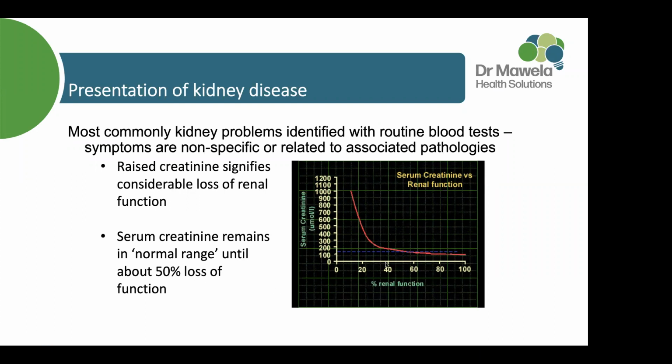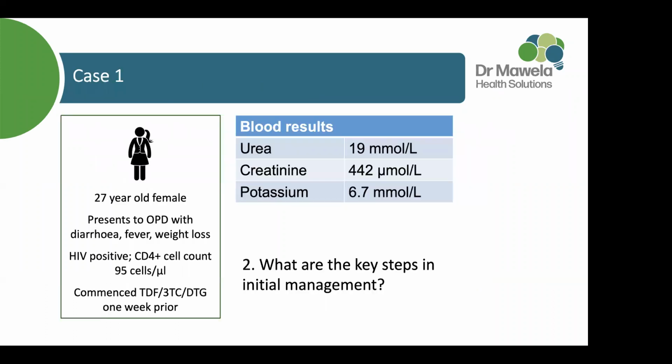That's very, very important to note, that the serum creatinine is not a very reliable test for picking up early disease. By the time a patient starts to present with an abnormal creatinine level, they've already lost more than half of the function of the kidneys. So we need to start to look at other ways of monitoring kidney damage for our patients.